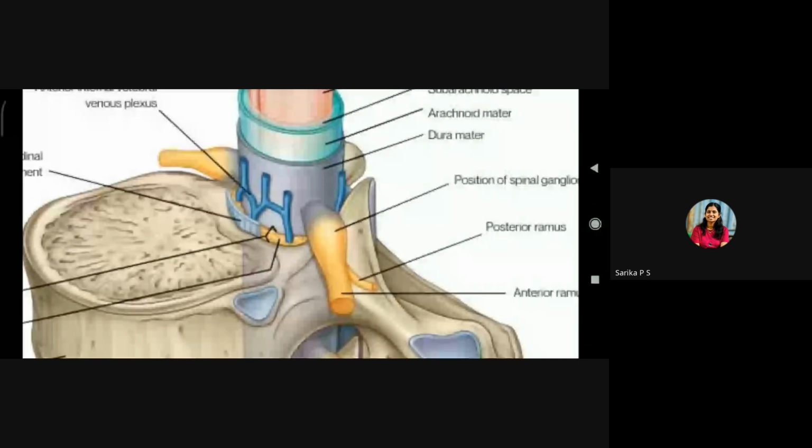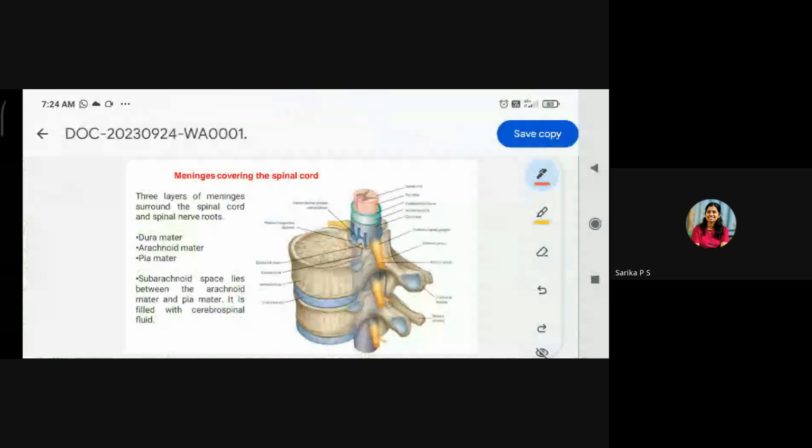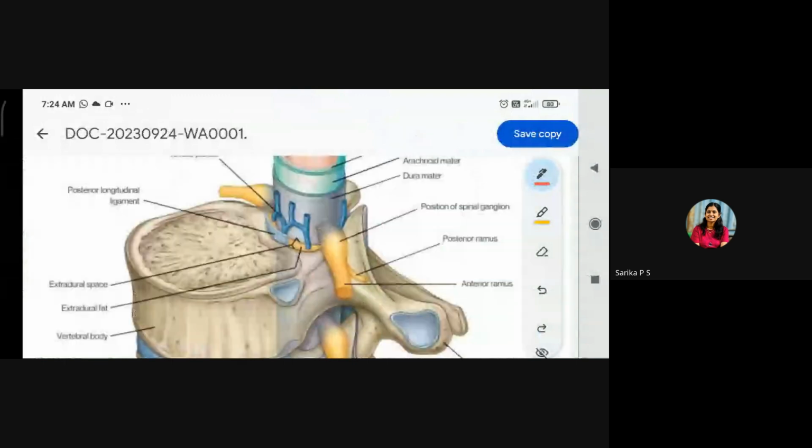Let me take the pencil. So, just near the dorsal root, you can see the bulge, and this bulge is the portion of dorsal root ganglia. Okay.